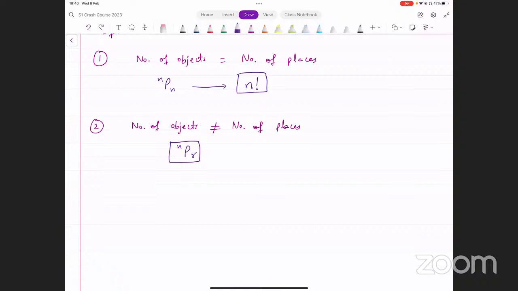N is going to be whichever of these numbers is bigger. So n is whichever out of the number of objects and the number of places is bigger. That is going to be your n. So that's the number that's going to come on top here. And r is going to be whichever of those two numbers is smaller.